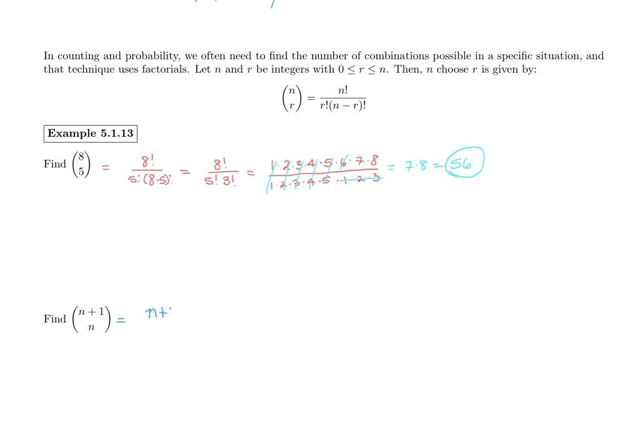We get n plus 1 factorial over n factorial times n plus 1 minus n factorial. So we get n plus 1 factorial over n factorial times 1 factorial. And 1 factorial is just 1, so we get n plus 1 factorial over n factorial, which we just found out up there was n plus 1.